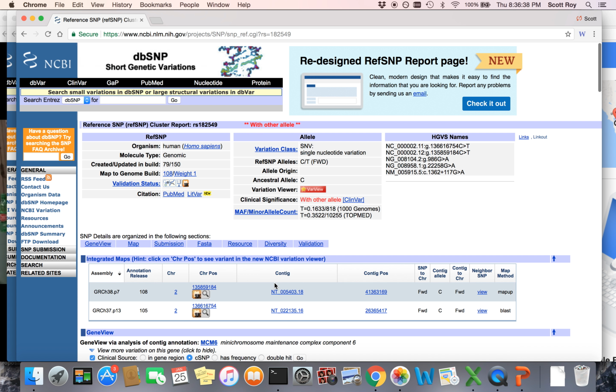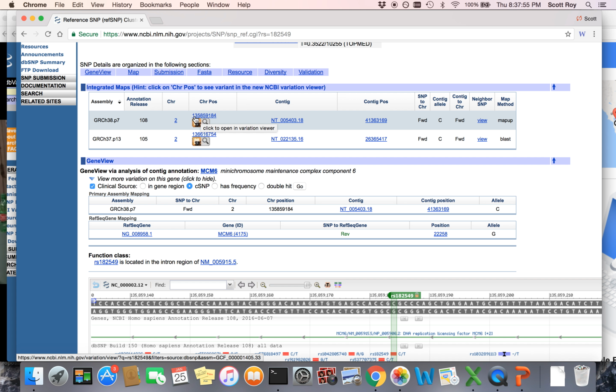We'll talk more about chromosomes later, but of the 23 huge molecules that we each inherit from each of our parents, this is the second longest. Within this chromosome, if we counted from one end, it would be position 135,859,184.